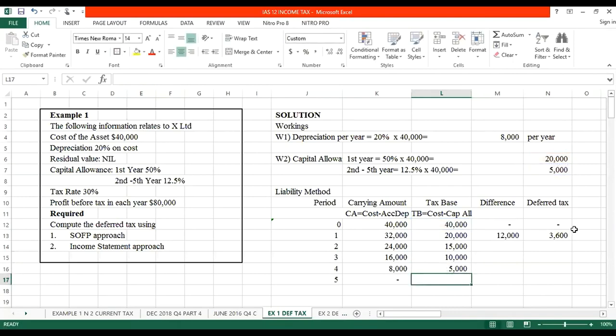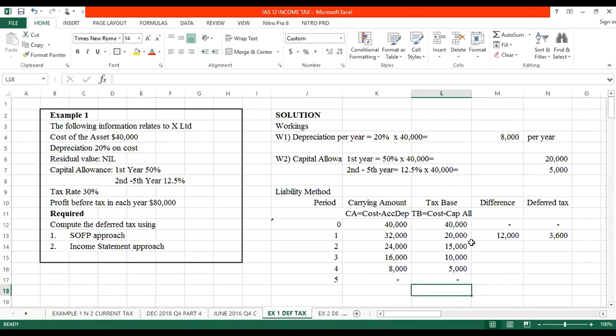It gives you 5,000. And lastly, cost of the asset minus capital allowance in years 1, 2, 3, 4 and 5 is 0.